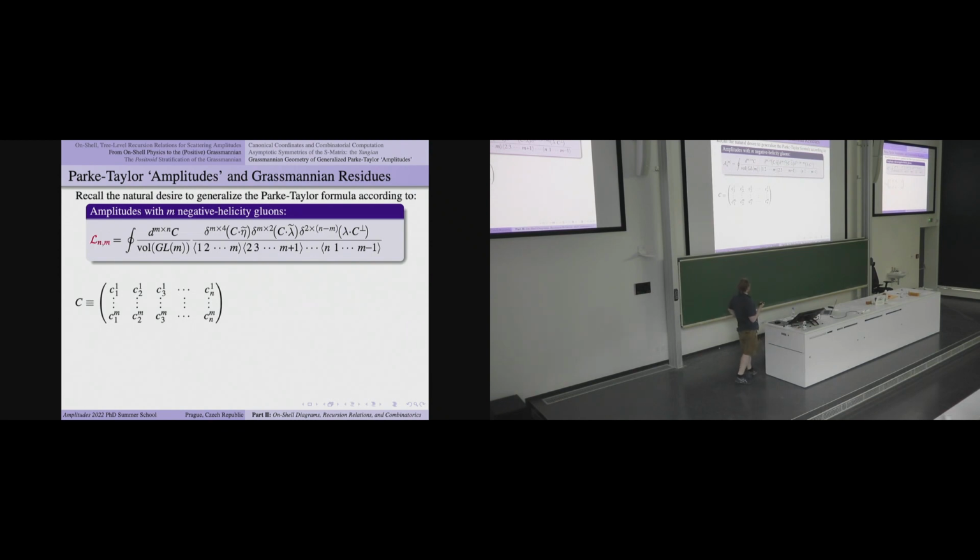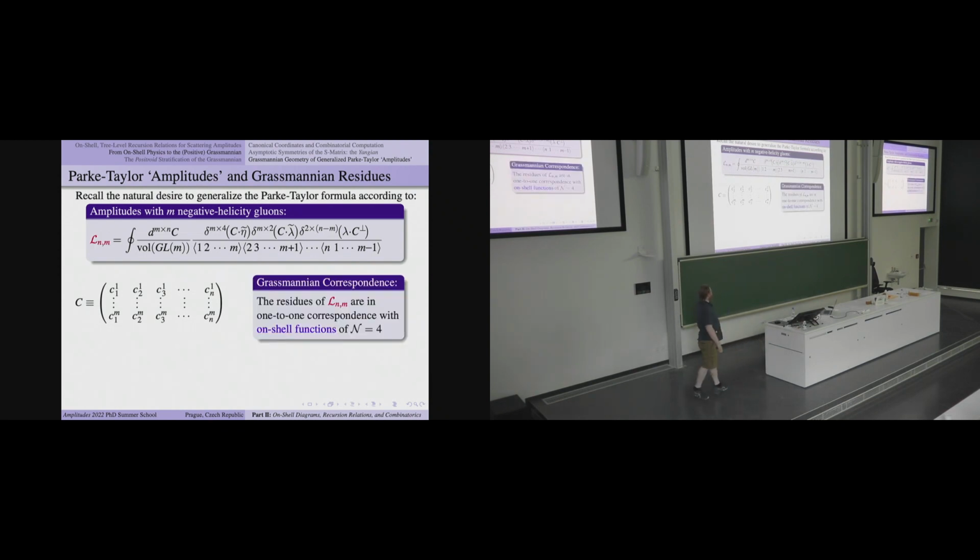So those are the normal functions. And it was originally a conjecture, and it's something we're going to prove constructively in just a few minutes, that the residues of this differential form are in one-to-one correspondence. All of the residues, including the top form, are exactly the on-shell functions of planar maximal supersymmetry.